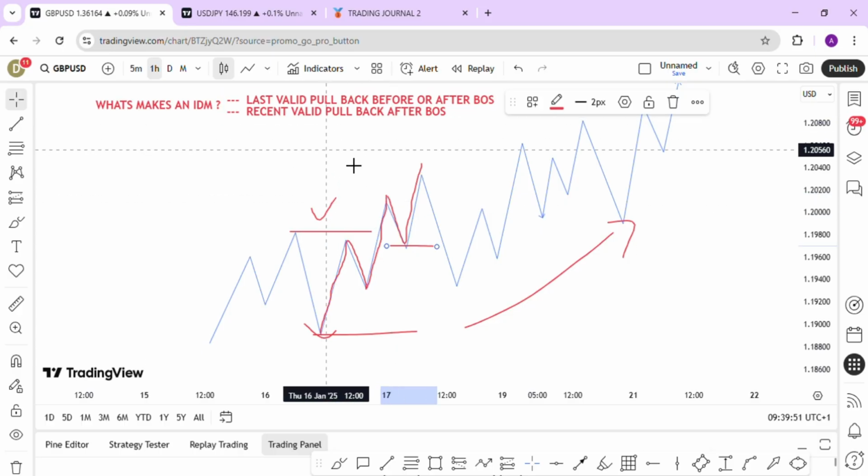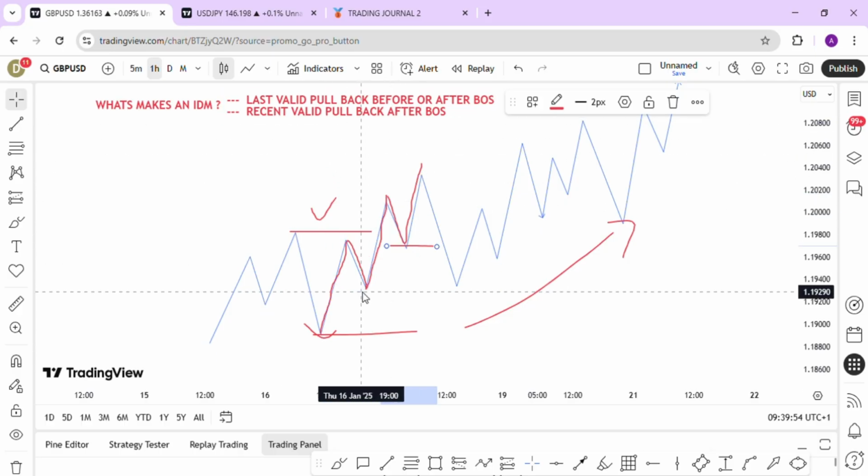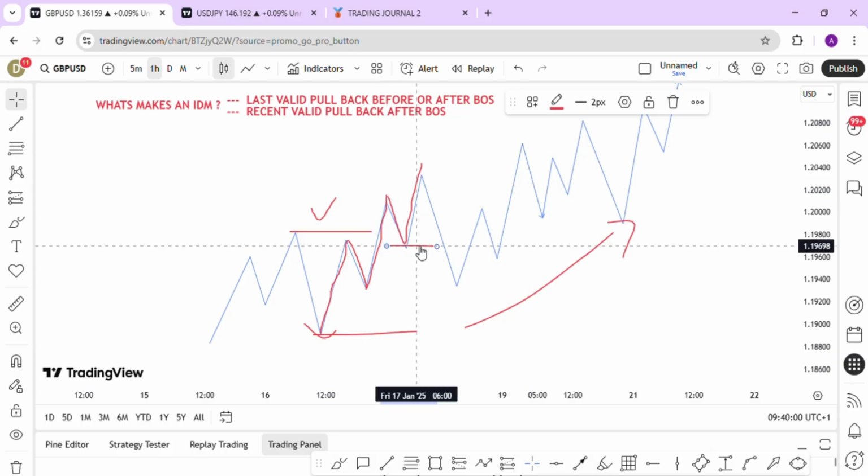So that's the difference. This is the last valid pullback before the market comes back here, which serves as our inducement. But this is the recent valid pullback after break of structure, because the break of structure has already happened here. So this is where the inducement rests.